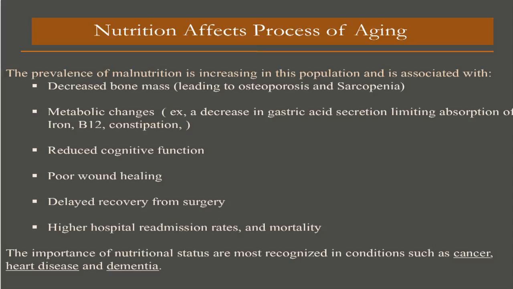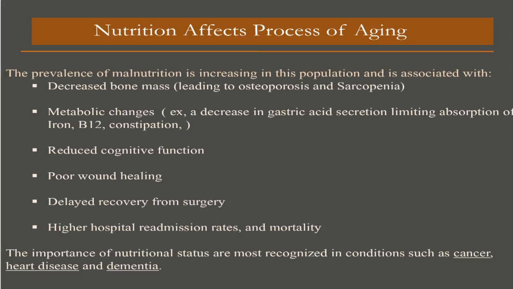Metabolic changes, for example, a decrease in gastric acid secretion, limiting absorption of iron and vitamin B12, and constipation. Reduced cognitive function. A lot of people can have dementia, even though sometimes it is reversible dementia, but malnutrition can lead to a type of dementia.